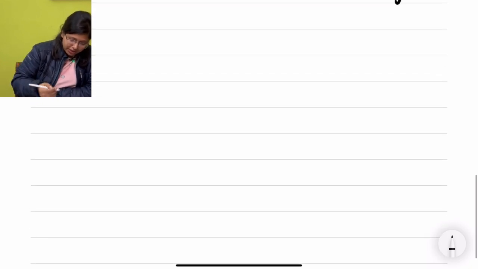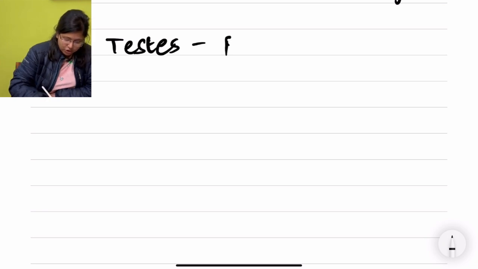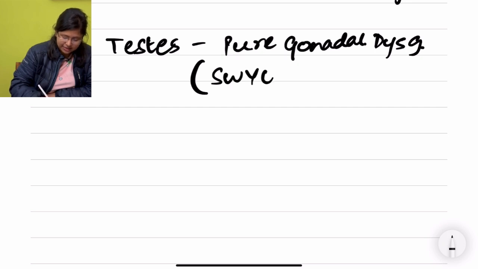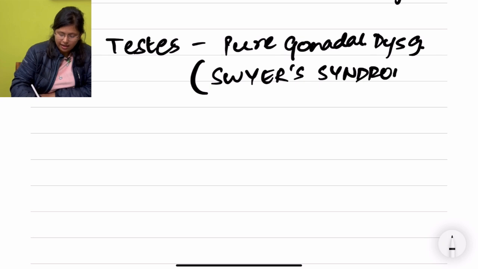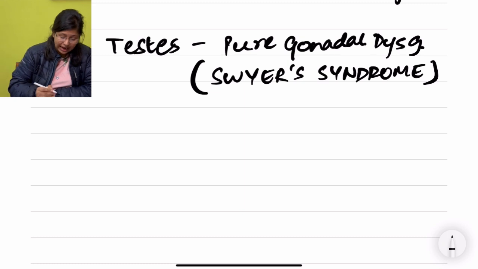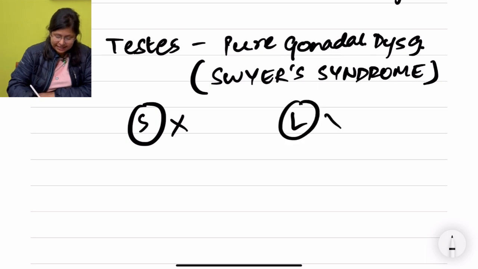Now coming to the different disorders that we may have. Firstly, we talked about the testes being defective. This is a condition called pure gonadal dysgenesis, and the other name for this is Swyer syndrome. Again, a quick recap of the flowchart that we looked at. If the testes is not working, the Sertoli cells are not working and the Leydig cells are not working.